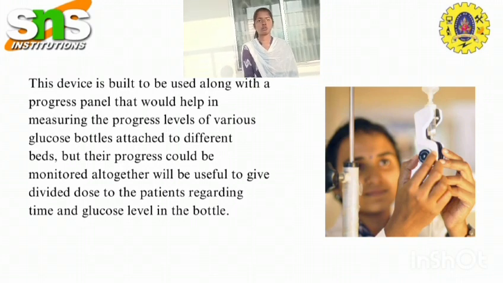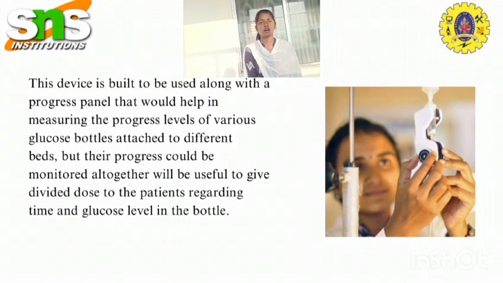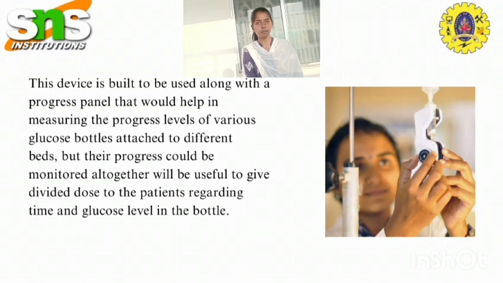This application allows users to view their glucose data on their mobile devices, track trends, set reminders, and even share their data with healthcare providers for remote monitoring and support. This connectivity enhances the user experience and empowers individuals to take a more proactive role in managing their diabetes effectively.